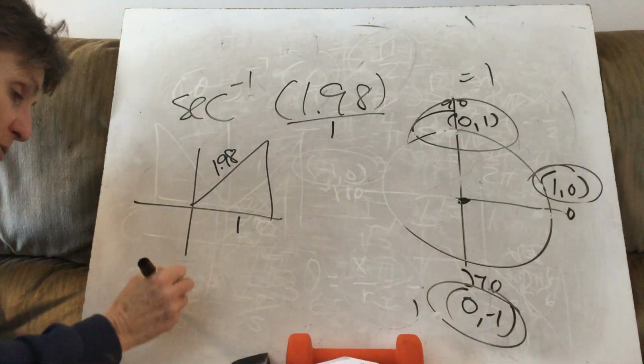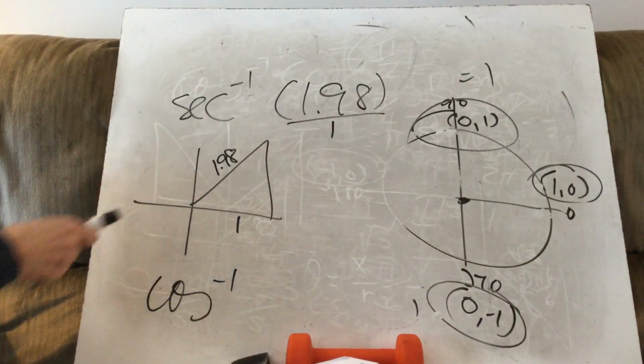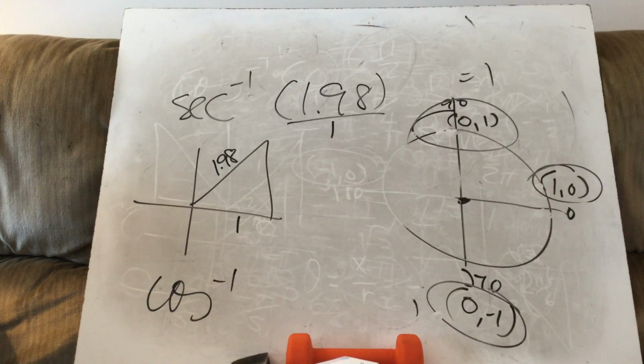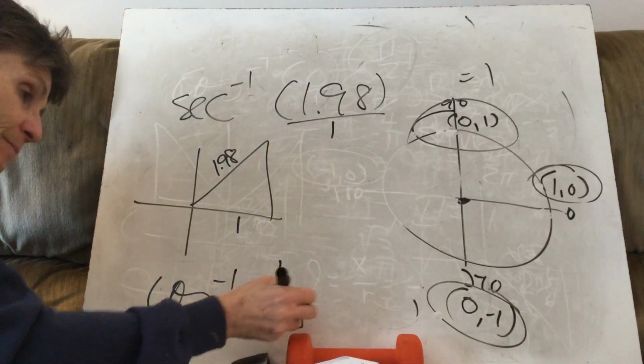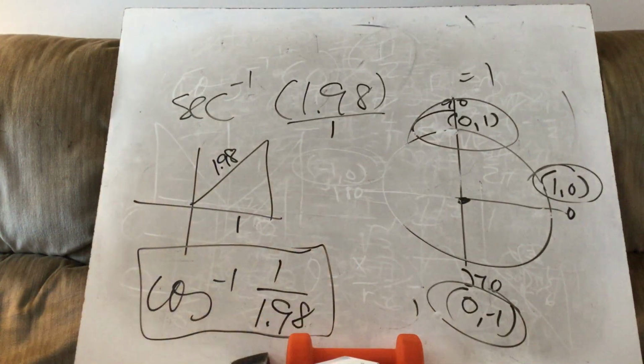What does that mean about the cosine? What's the cosine of that angle? 1 over 1.98, exactly. So this, friends, is what you type in. Secant cosine 1 divided by 1.98. 59.67. 59.67, everybody?